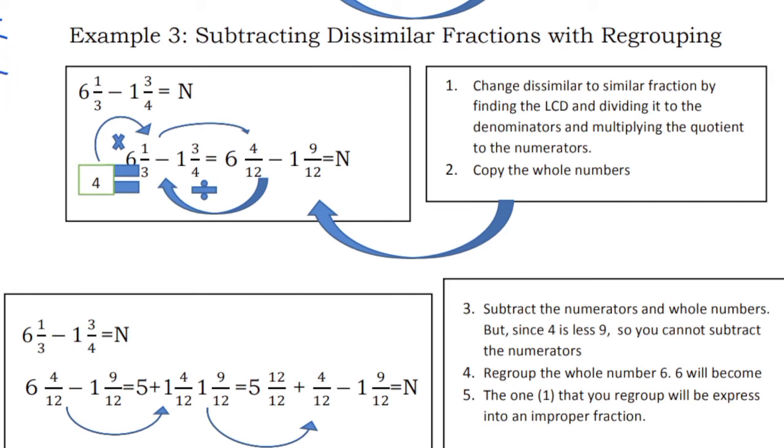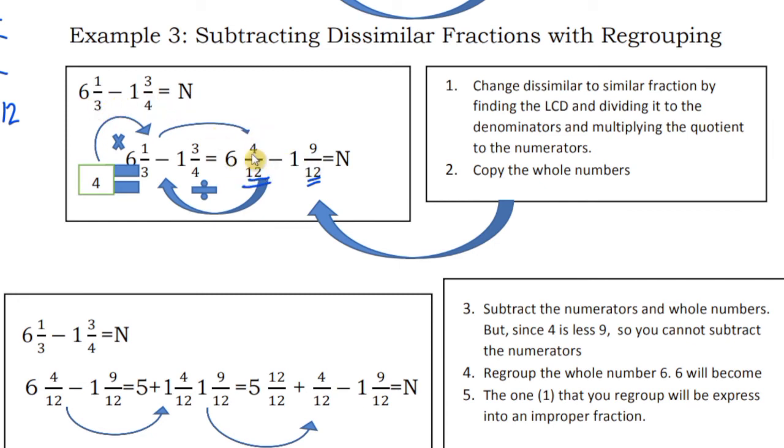So the LCM now is 3 times 4, and that is 12. So that is why we have 12 as our new denominator in both terms of the subtraction. Then copy the 6 and 1 as our whole numbers.